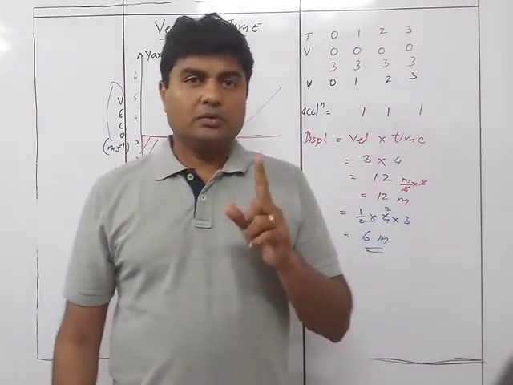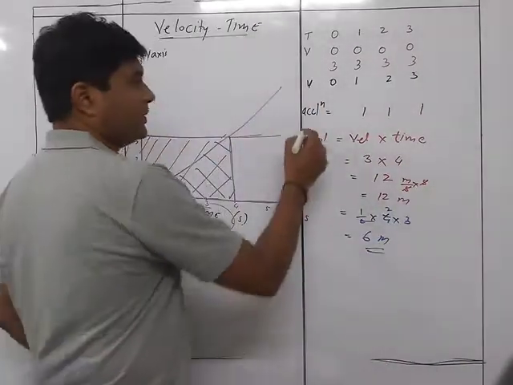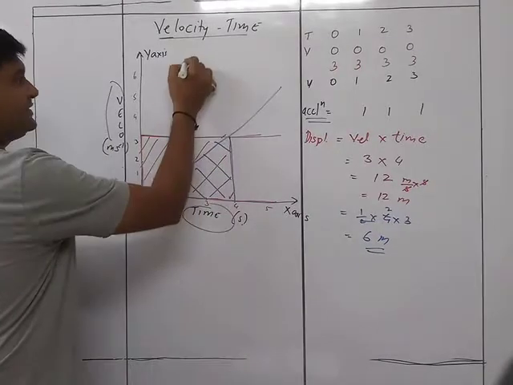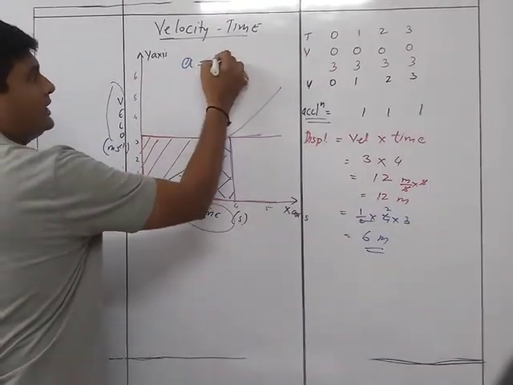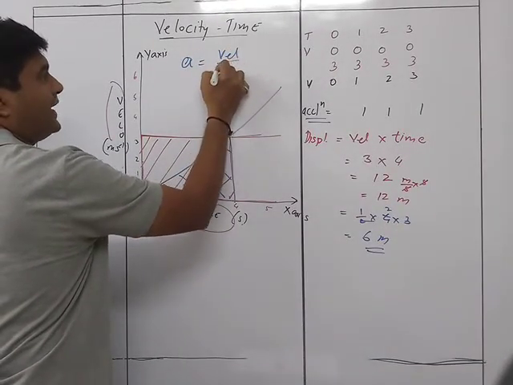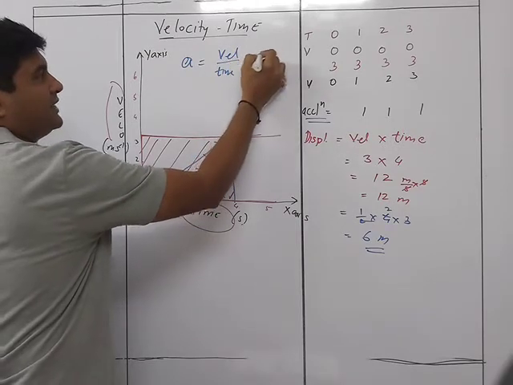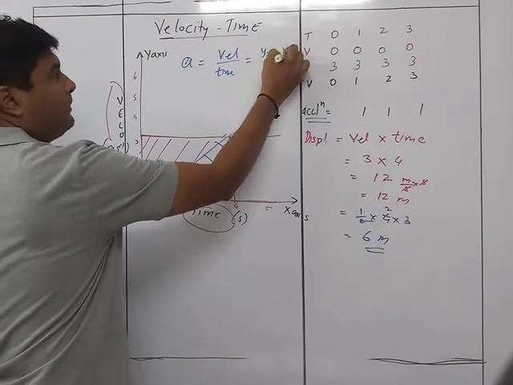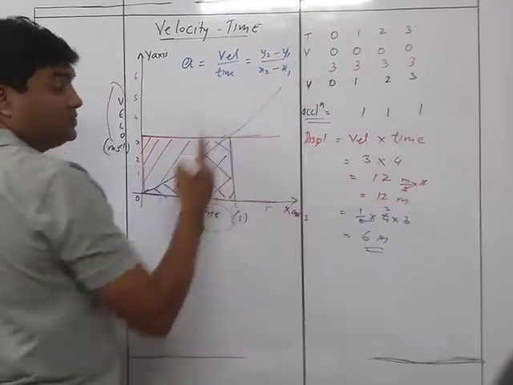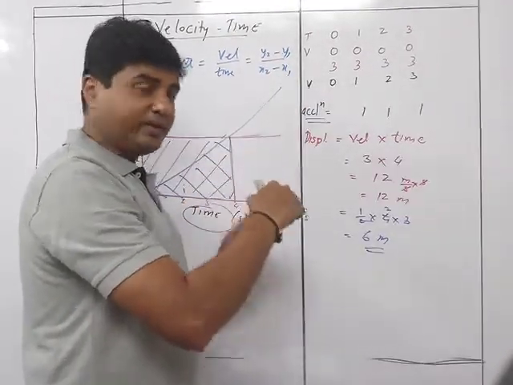Another thing is, we know one more formula that was about acceleration. We know that acceleration is nothing but change in velocity upon time. Change in velocity is nothing but y2 minus y1 upon x2 minus x1 in this case. You can remember it is the same thing as in displacement.